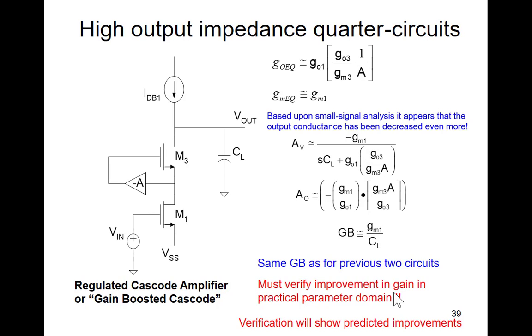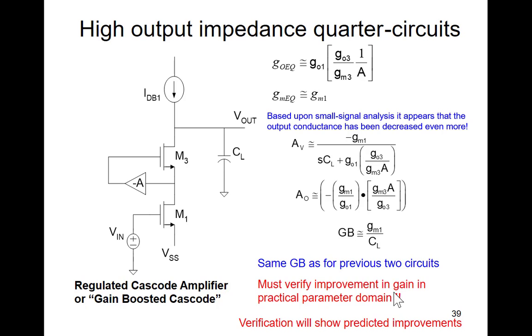Make sense? So I'm not going to go through the details right now. We'll see points a little bit. But if you look at the GB power efficiency of this structure, what are we going to conclude? It's a little bit worse. For a given power, we're going to have a little bit less GB for this structure than we do for the reference op-amp and than we do for the telescopic cascode op-amp, because we need to siphon off a little bit of power to bias those A amplifiers.